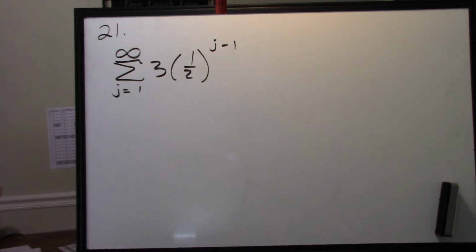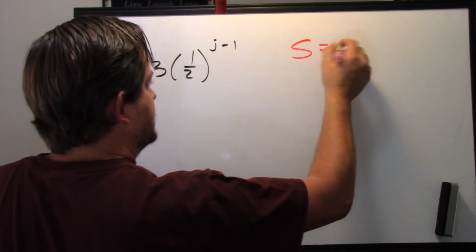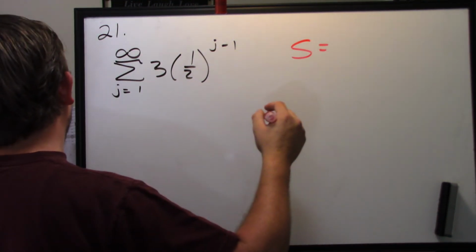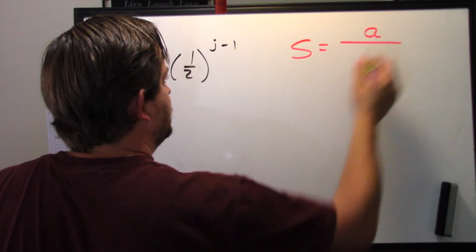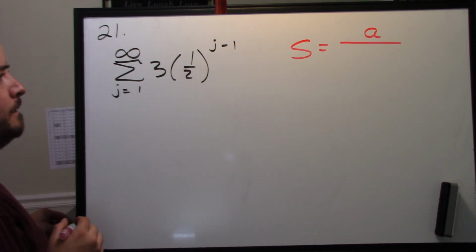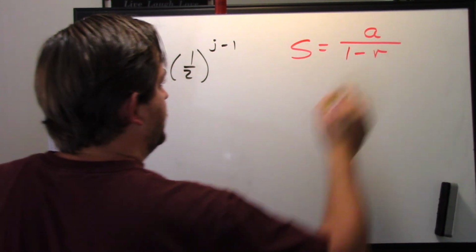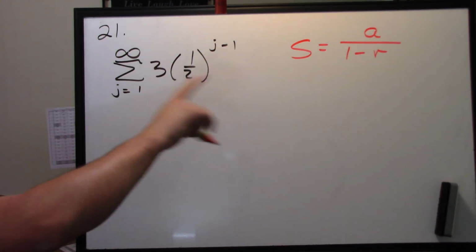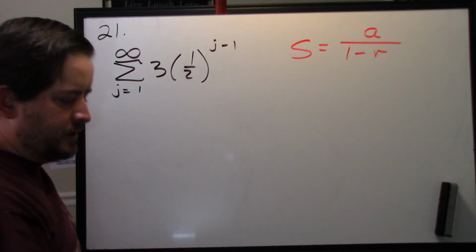And again, we have a formula for this. The infinite sum is just s, the sum is equal to, and it's always a, the very first term that you get, over 1 minus r. The numerator, you don't get the 1 minus r to the n anymore. It's just a over 1 minus r.